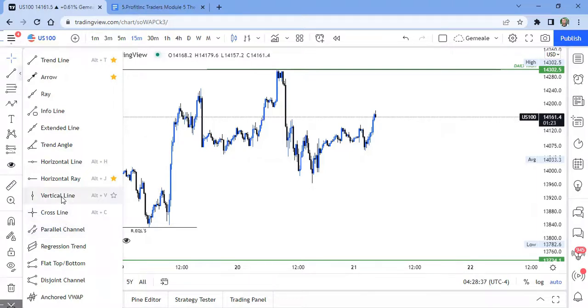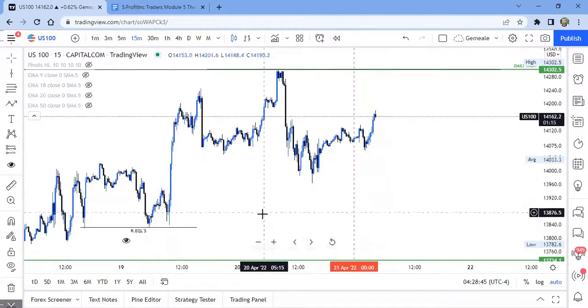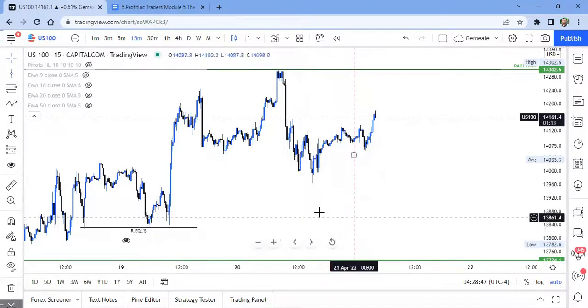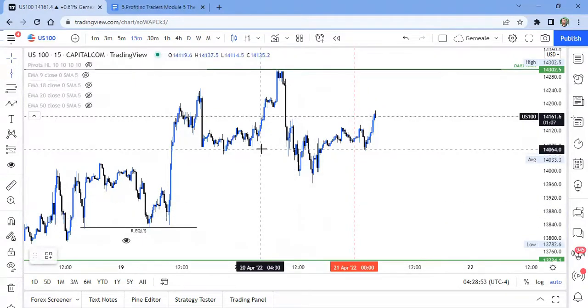Okay, so I'm going to mark out here midnight New York. Beginning of a new trading day, and today is Thursday. Let's just mark out the previous days as well.